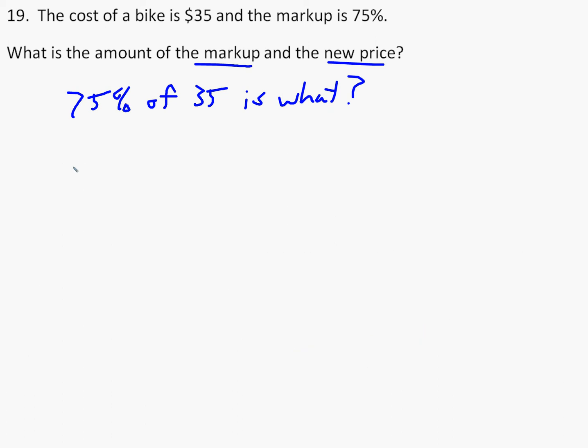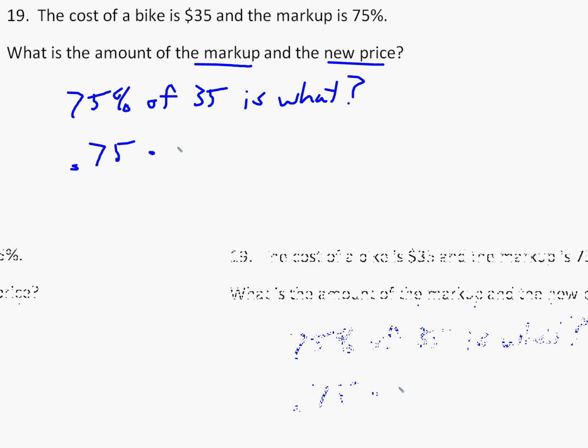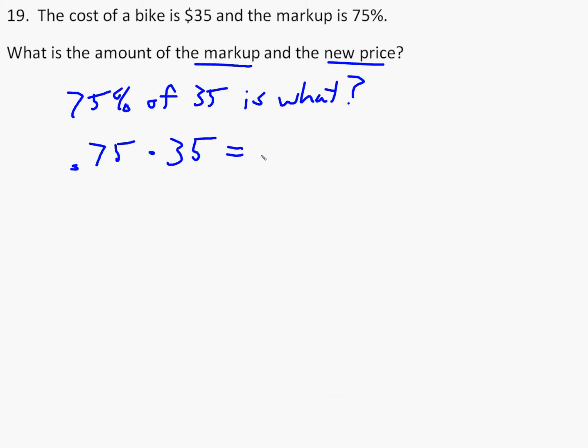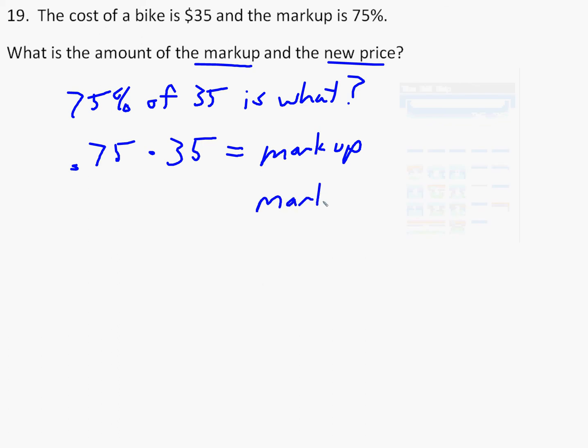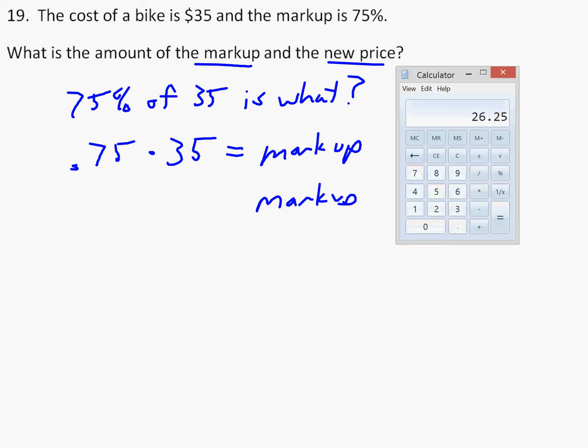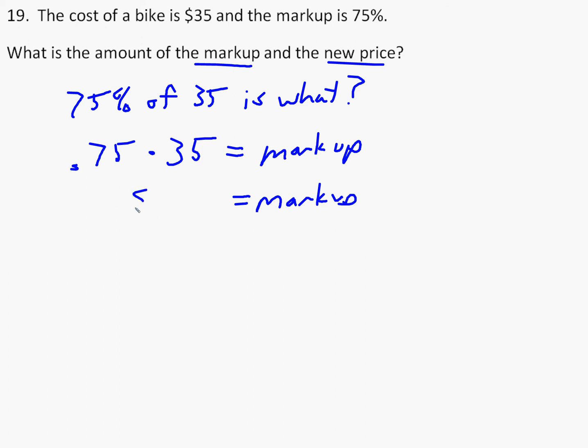We know that percent times the whole, that's our 35, our original amount, is equal to our markup in this case. So we multiply 0.75 times 35, which is equal to 26.25 as our markup. So the markup is $26.25, which is 75% of the $35, and then we want the new price.